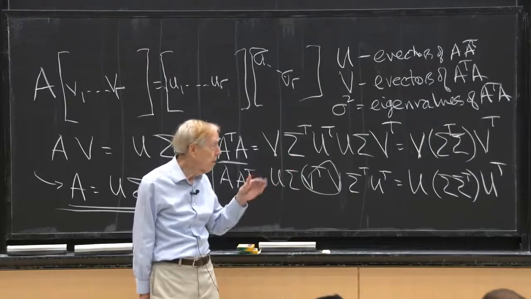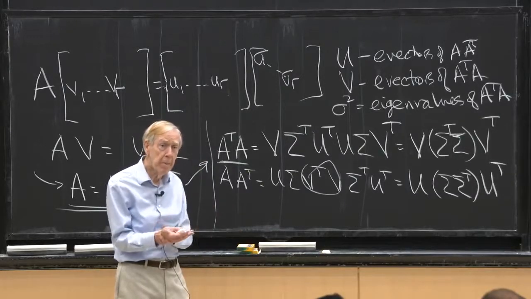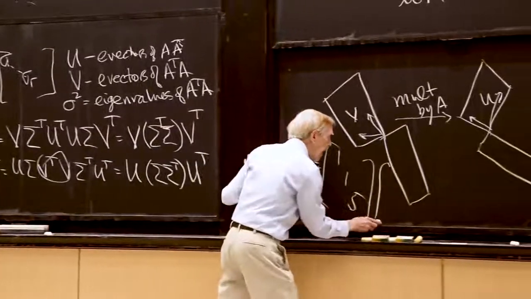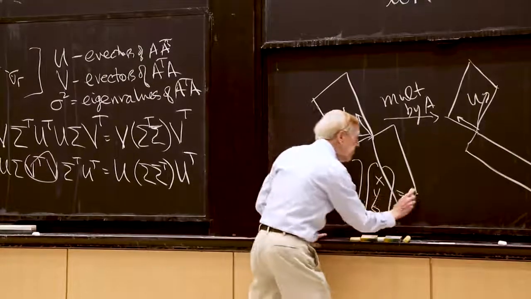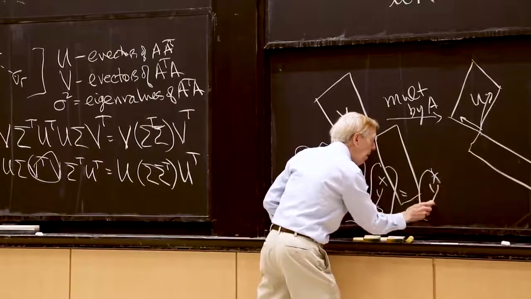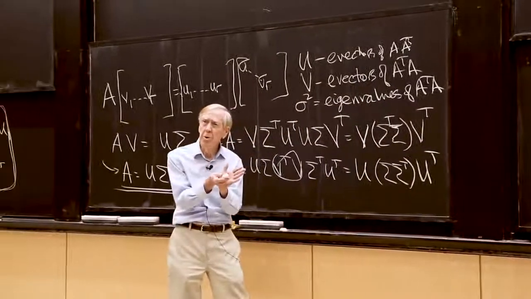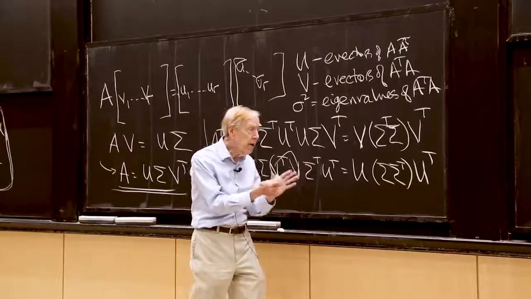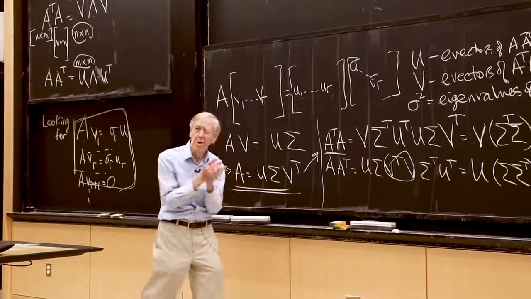Unfortunately, there's a whole plane of them. Any vector of the form x, y, 0, any vector in the xy plane, would be an eigenvector. So I have a whole plane of eigenvectors, and I've got to pick two that are orthogonal, which I can do, and then they have to go in the SVD. Those two orthogonal guys have to go to two orthogonal guys.